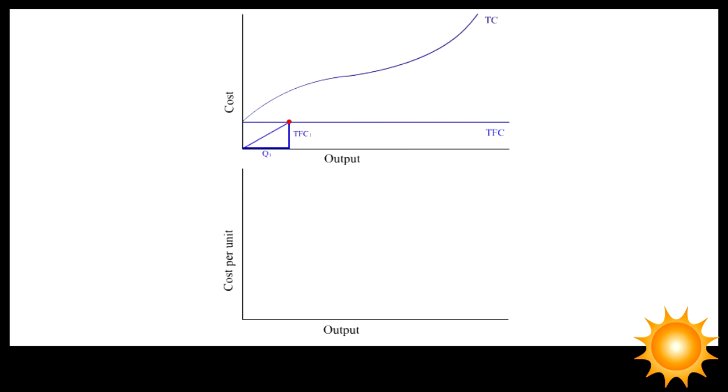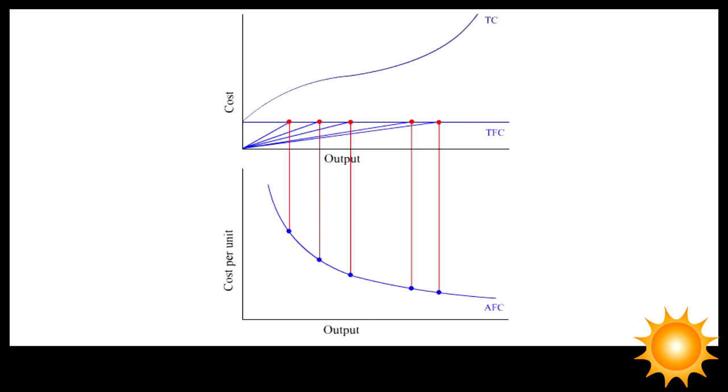Since TFC1 divided by Q1 also measures the slope of the ray from the origin to TFC, the ray slope provides a visual indication of the numerical value of AFC. Because TFC is a horizontal straight line, the slope of rays from the origin will uniformly decrease as output increases. AFC is therefore a decreasing curve.